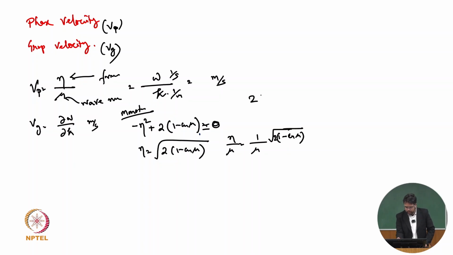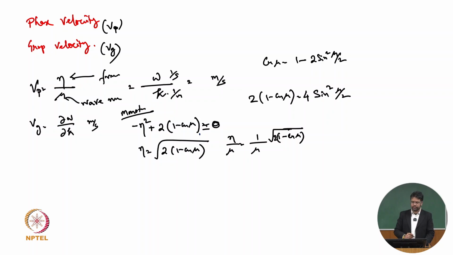Now 2 into 1 minus cos mu can be written as 4 sin square mu by 2, since cos mu equals 1 minus 2 sin square mu by 2.